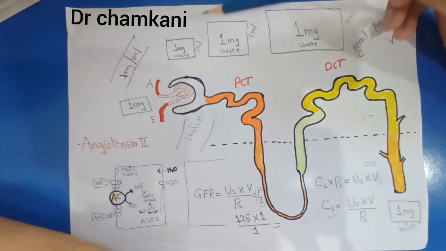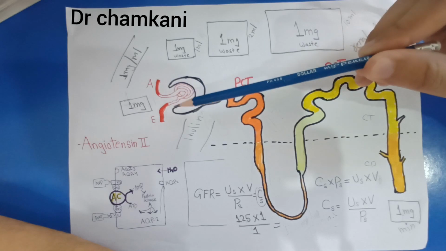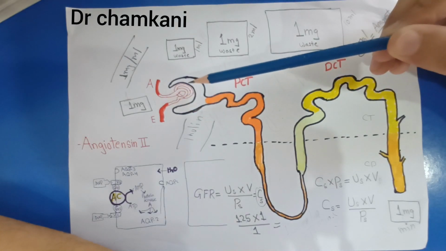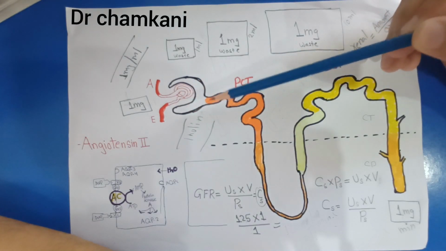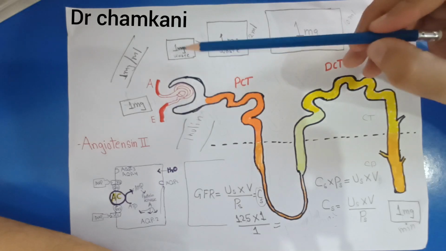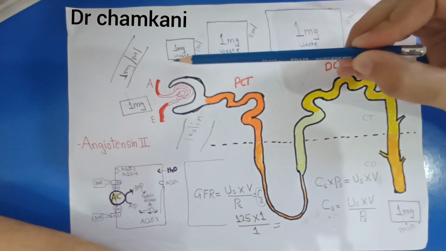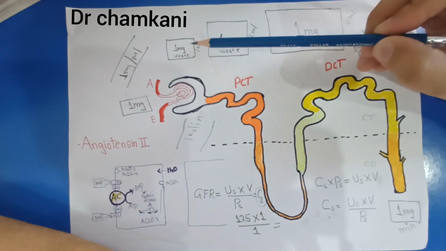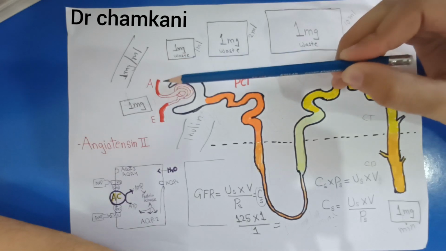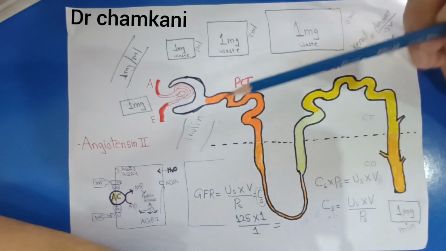So if the kidneys are performing very well, are very effective, and are in normal working condition, then 1 milligram of waste material may be removed from just 1 ml of plasma passing through the nephrons.